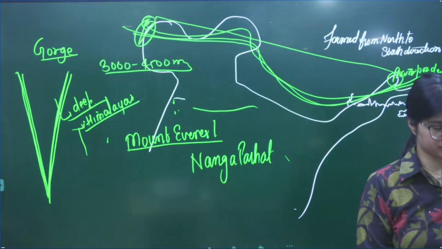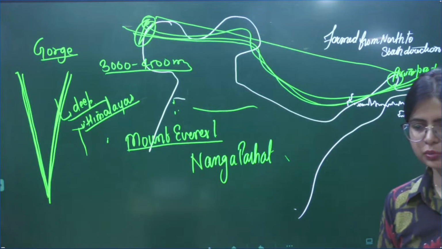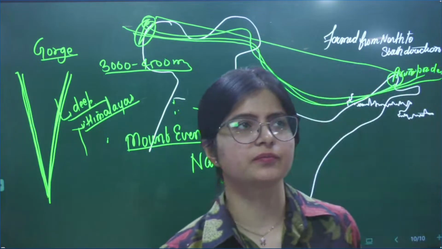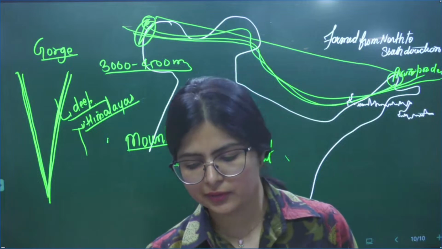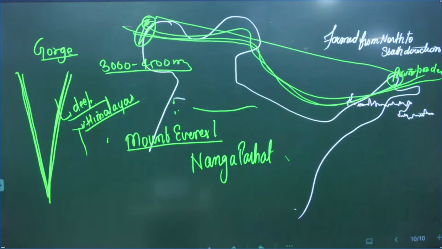And the average height of this range is 900 to 1100 meter. Just revise, I am just uploading the PPT here for the explanation. Just wait.